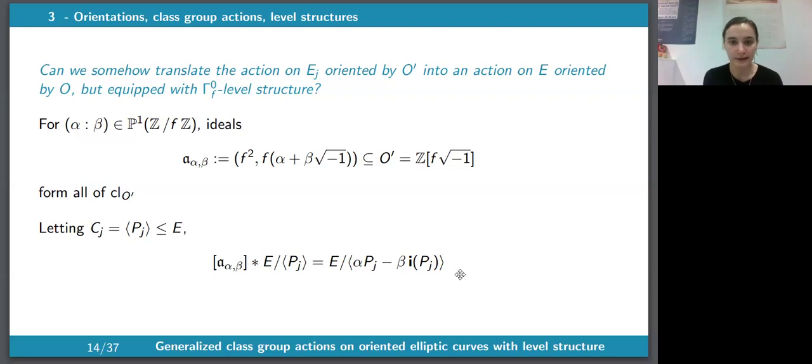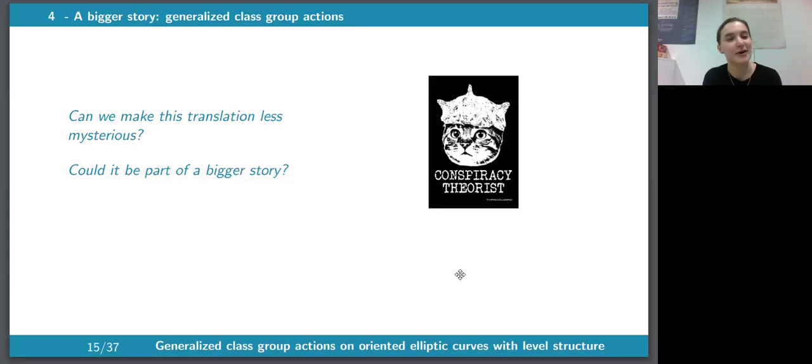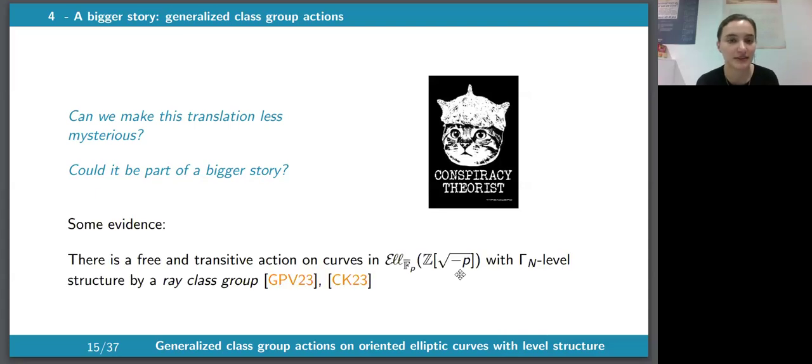Now, this looks quite specific and also a little bit mysterious. So the idea now would be to try to understand whether this translation could be made a little bit less mysterious and whether it could be part of a bigger story, hence our conspiracy cat in the slide. There is some evidence that there could be a bigger story going on here.